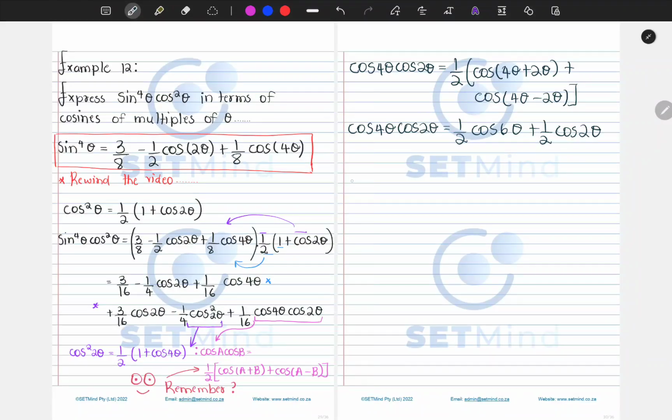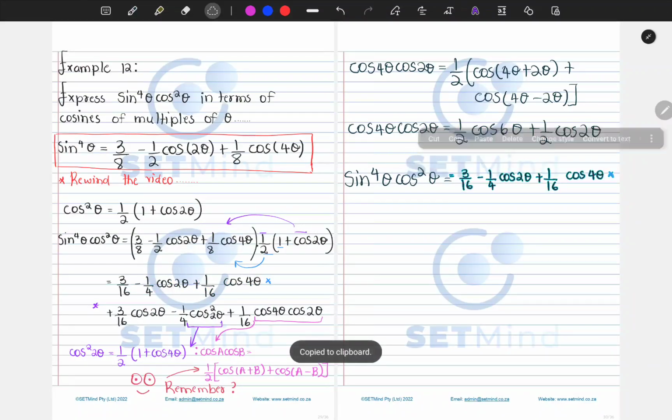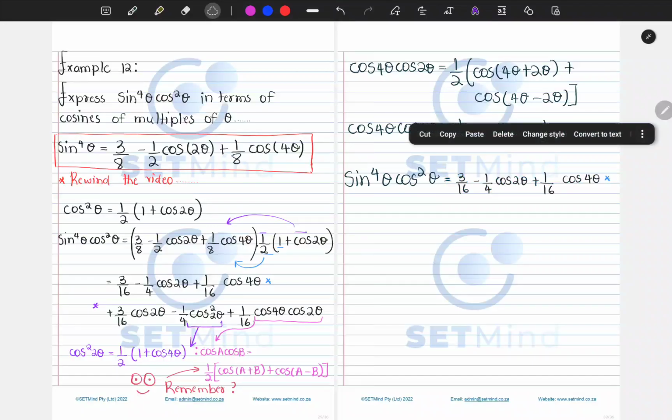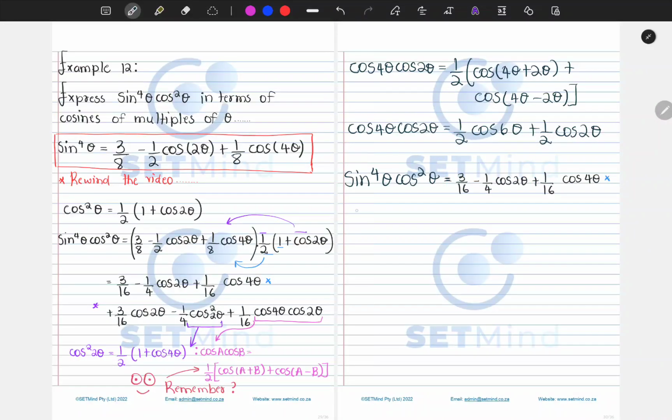So what does this mean? It means that my answer, sine 4 theta cos squared theta, will be equal to the first part, which I will just copy as it is, like that. And then the second part will be plus 3 over 16. That doesn't change. Cos of 2 theta minus 1 over 4.